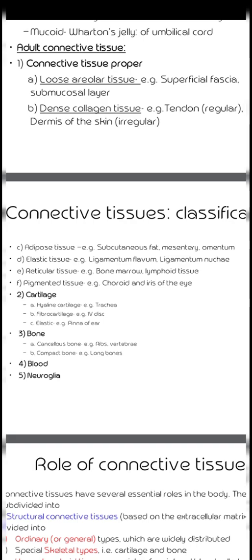What is mesentery? What is omentum? Omentum is a kind of a layer that covers all of our internal organs of the abdomen. It covers the stomach, intestines, gallbladder, everything. It covers in a layer-like fashion.